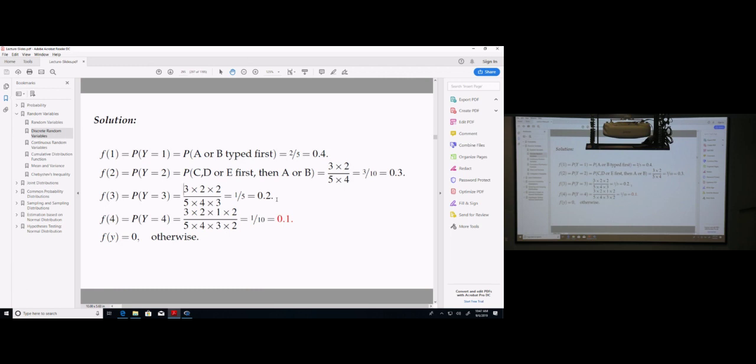Now, if you recognize that the probabilities for 1, 2, 3, 4 add up to 1 altogether, in fact you don't need to do this. If you are confident enough that you calculated these 3 probabilities correctly, then it is 1 minus these 3 numbers. Or another way, if you want to be sure about your argument, you use the same argument and go through this calculation as before, and then you get 10%.